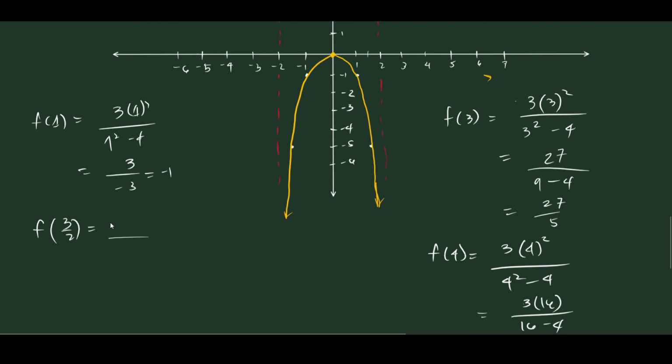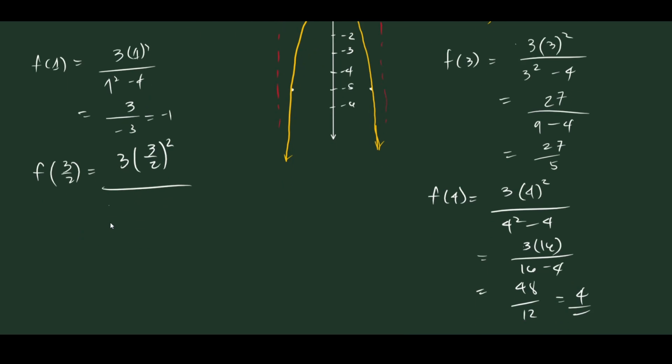So f of 3 over 2, let's just calculate it. 3 multiplied by 3 over 2 squared, all over 3 over 2 squared minus 4.